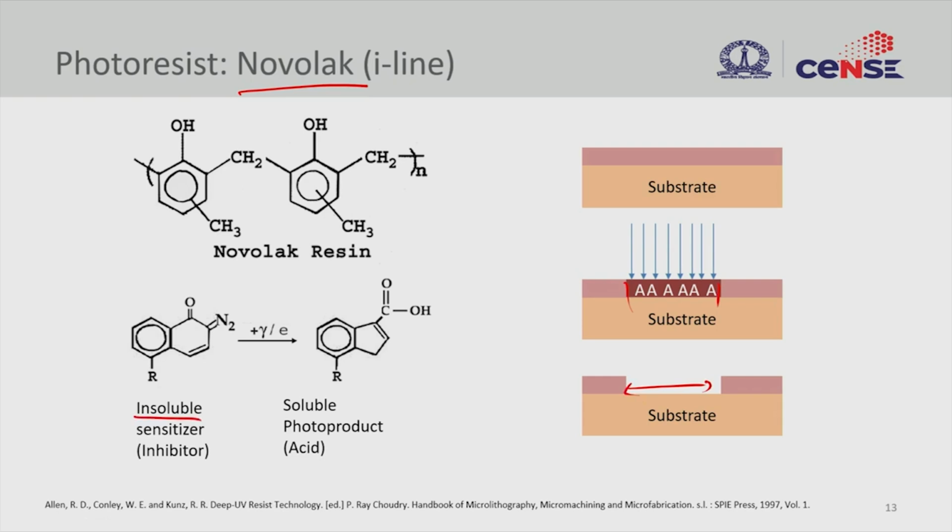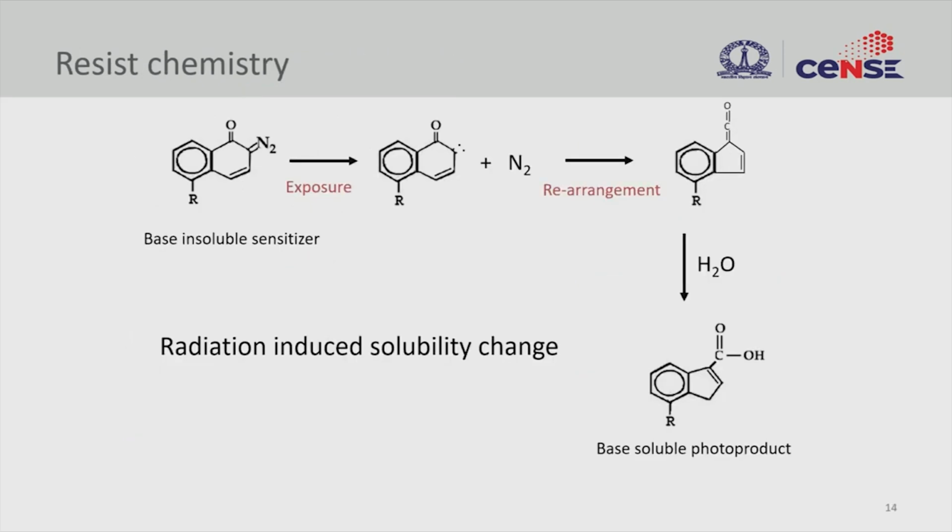An insoluble sensitizer that you have in this resin becomes soluble, right? So this N2 group is removed, and then there is the exchange of this oxygen, right? How do we achieve this sort of exchange process is what we are interested in, and this is what happens in the presence of exposure, right?